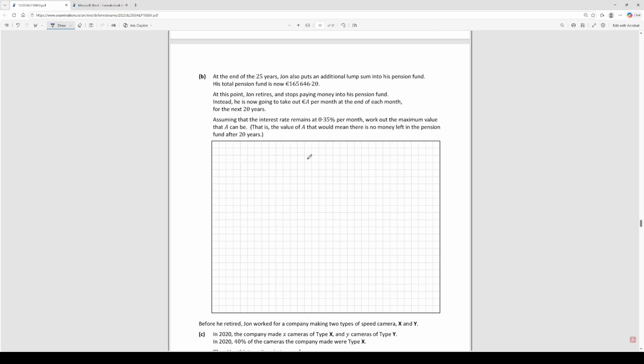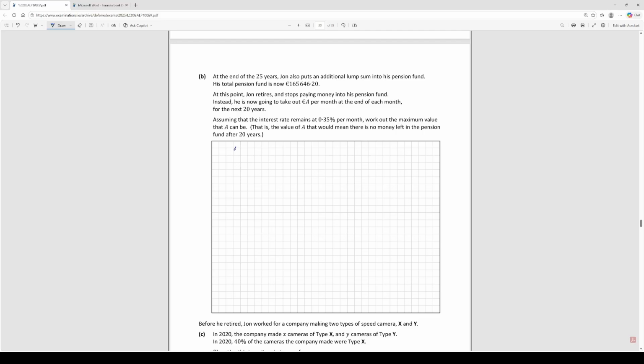He's going to wait till the end of month 1 before he takes it out. That might be wrong of me to guess that, but I think that's what they meant, because he wouldn't put in money on the day he retires if he was going to take money back out, I suppose.